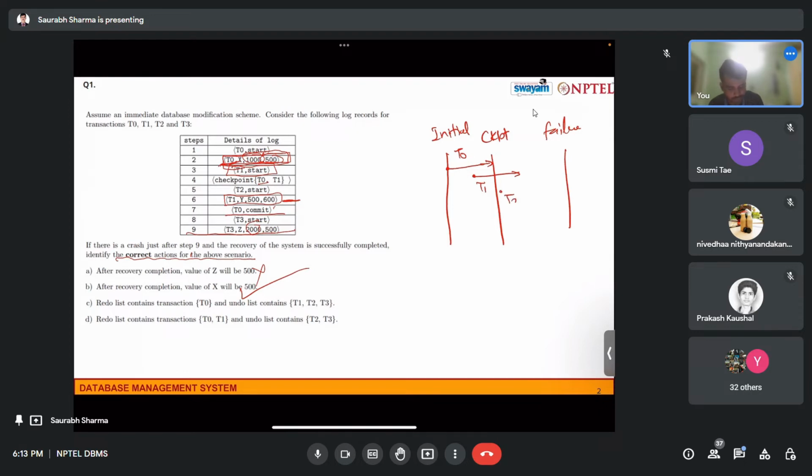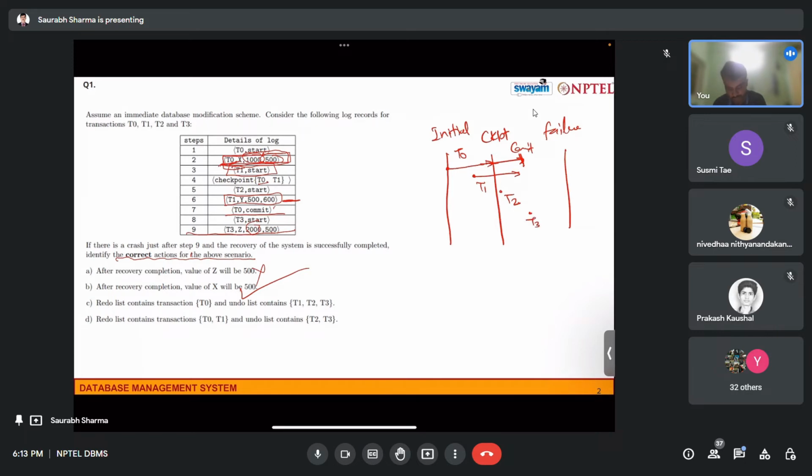Okay, just consider this is T2. Then T1 got committed. So T1 has done its work. So T1, after the checkpoint, is in the commit state. Then there is nothing to commit.